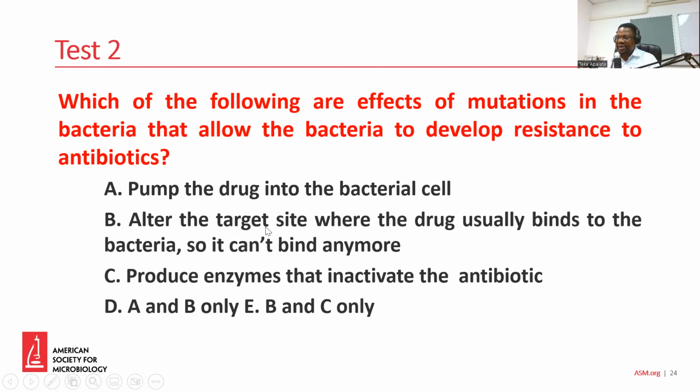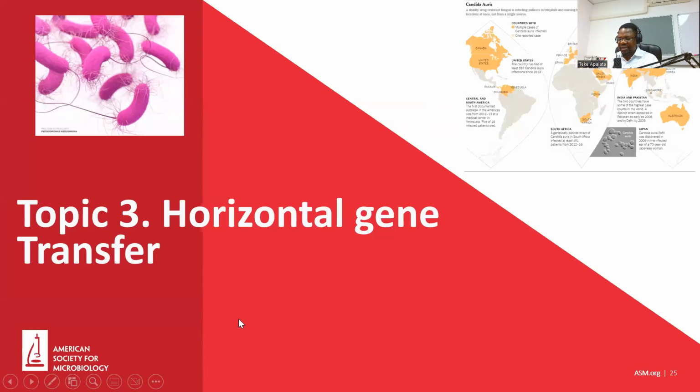When there is an alteration of the target site where the drug usually binds, then the drug cannot bind anymore. So B is true. And for C, production of enzymes like your beta-lactamase that inactivate the antibiotic is also a result of mutation. So B and C are true, so the answer is E. The correct answer is E.